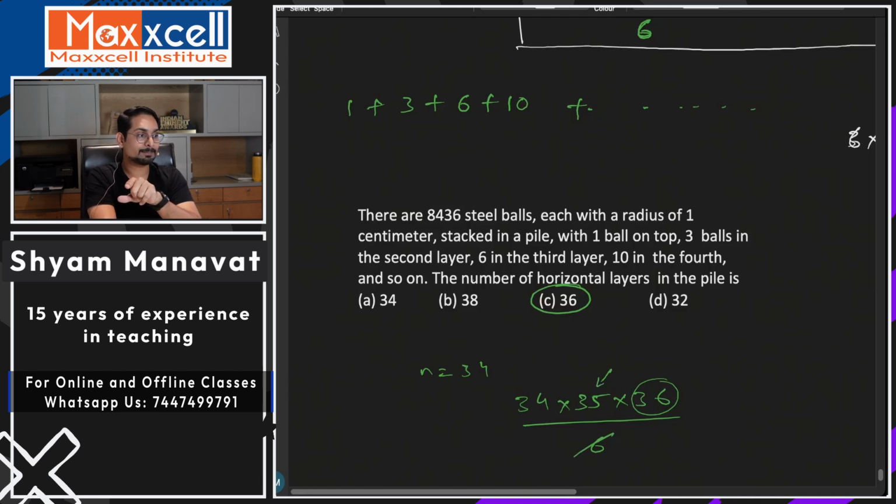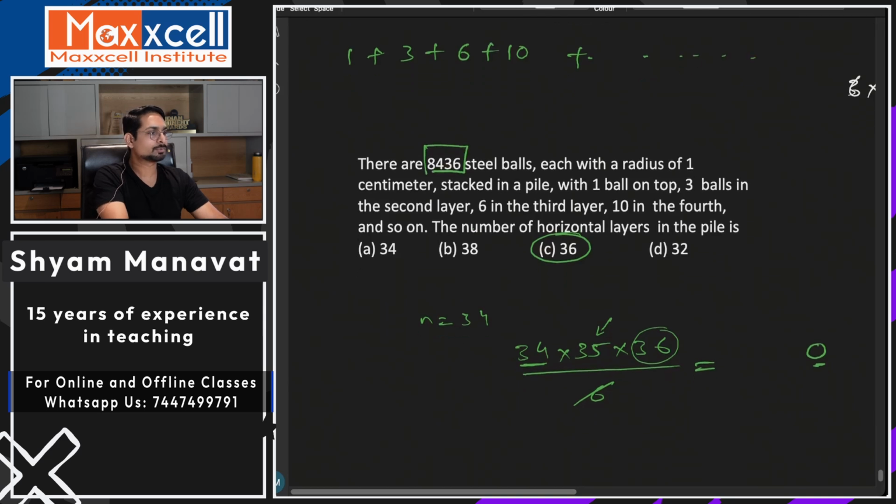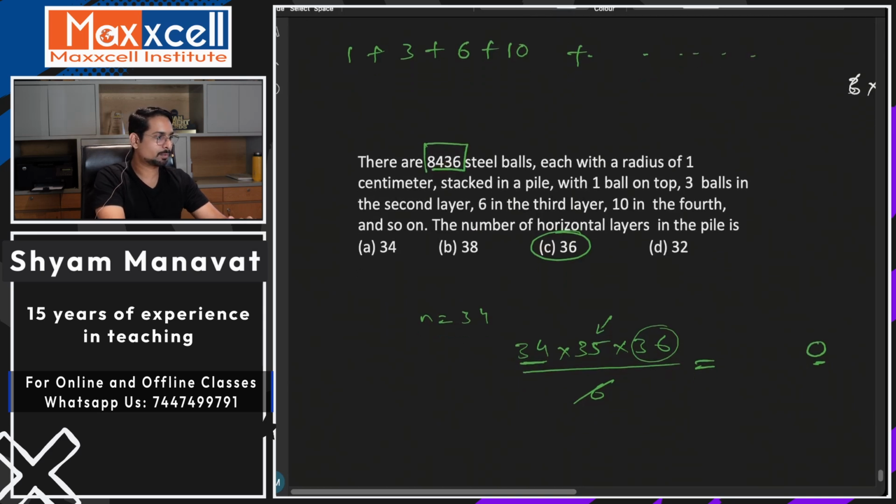That means if you simplify this, whenever you have a multiple of 5 and an even number, the product is always going to end with 0. We don't want that. The answer you want is what? 8436, right? So that's why we'll say 34 will not work.